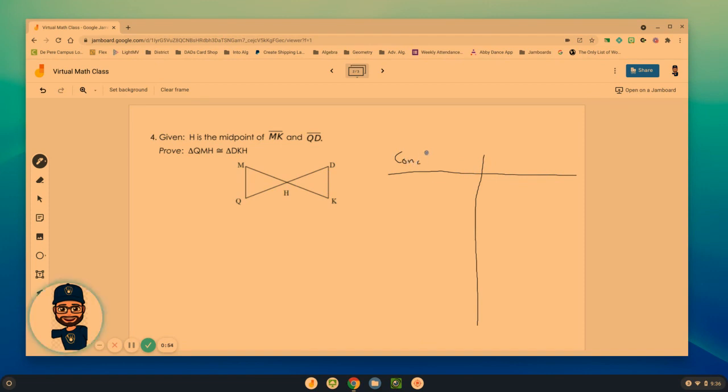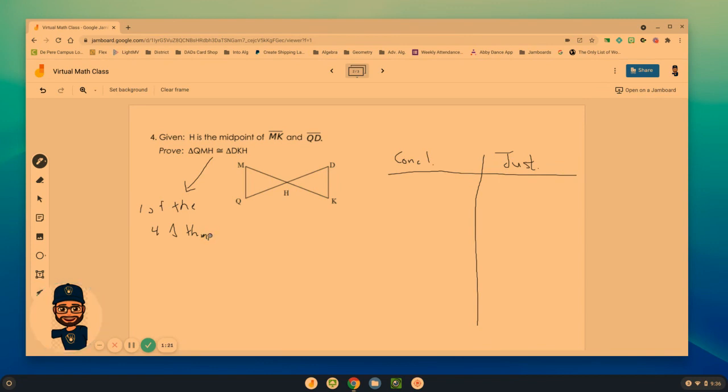And as we look at this, we're trying to prove that two triangles are congruent. This means we need to use one of the four triangle theorems.